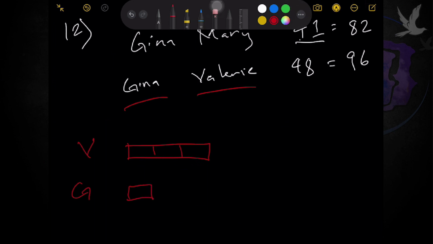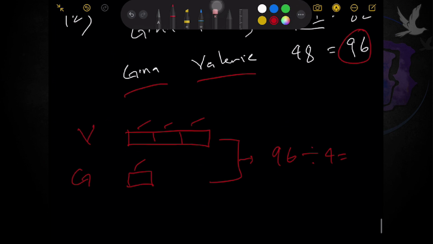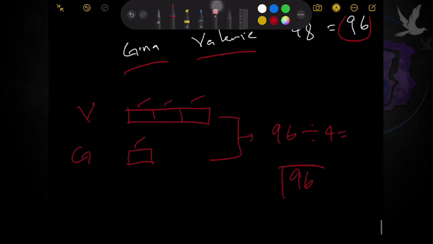So, this is our representation of this. If you're going to add this 2, this will now lead us to 96. Kasi ito yung total kanina ni Gina and Valerie. So, we have 1, 2, 3, 4. All you need to do is just to divide this by 4 to take the actual value for each unit natin. So, that's 96 divided by 4.